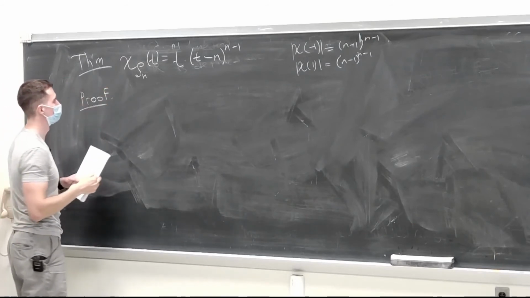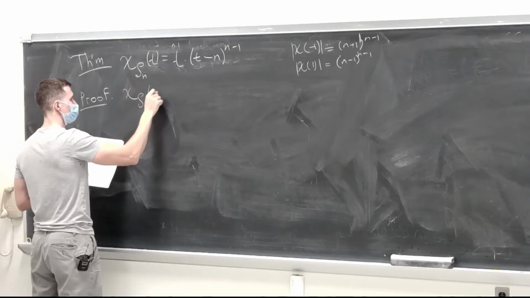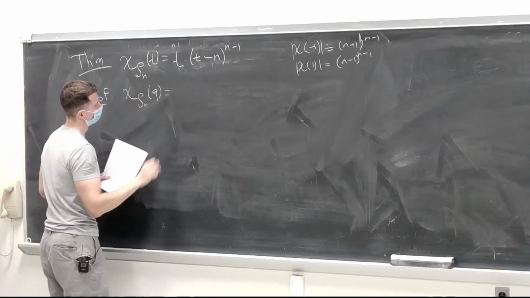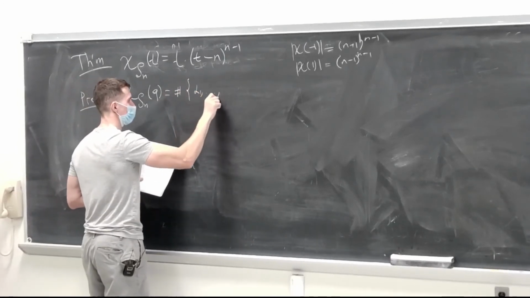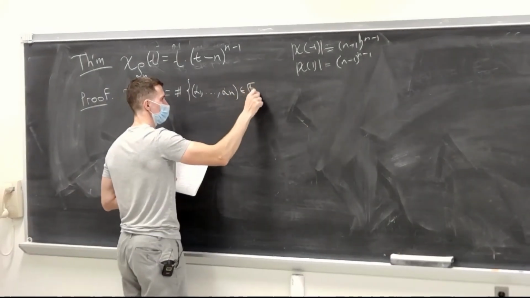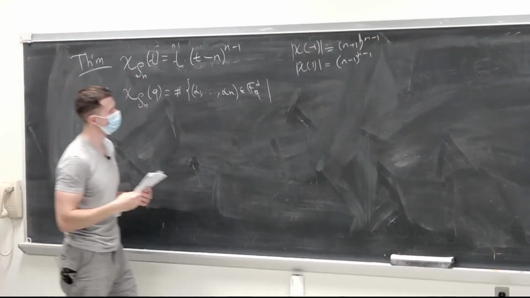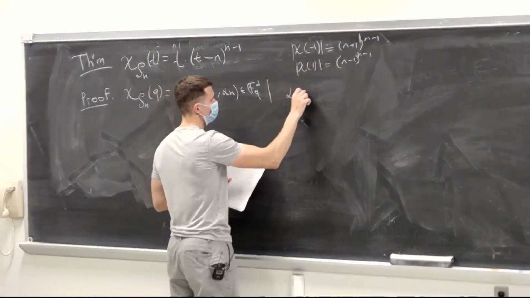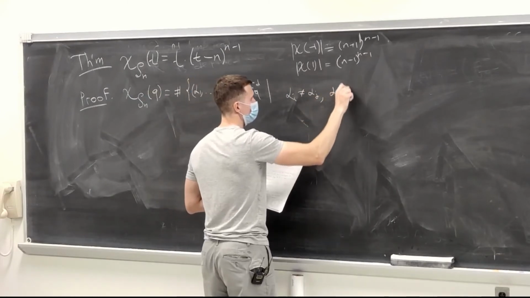How do I prove this? I'm going to prove it using the finite field method. It is the number of tuples alpha 1 to alpha n in F_q to the d such that alpha i is not equal to alpha j or alpha j plus 1.